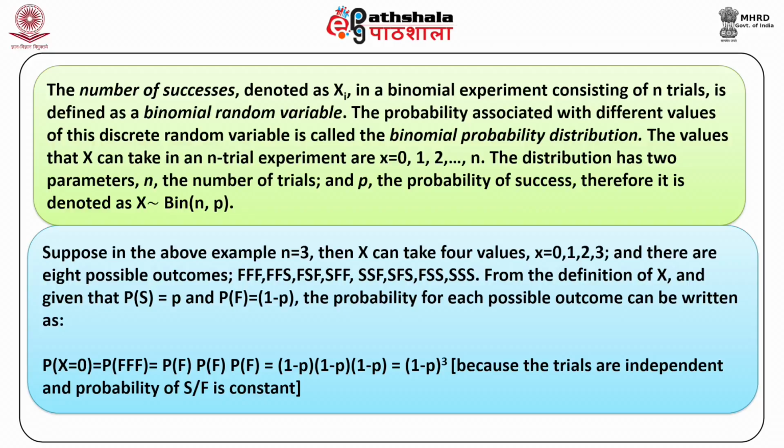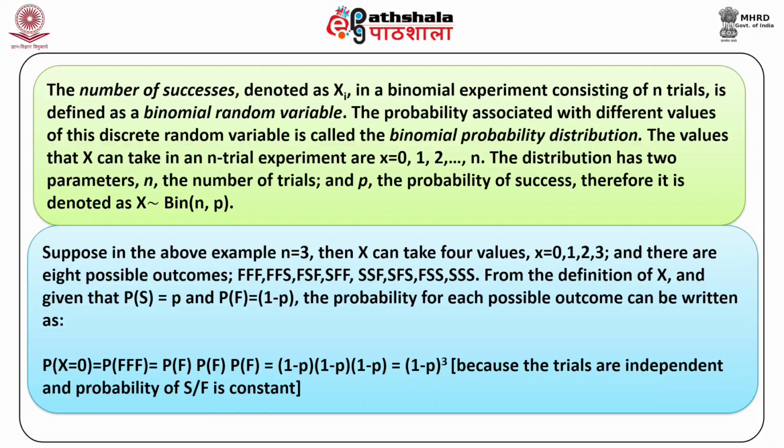The distribution has two parameters, n the number of trials and p the probability of success. Therefore, it is denoted as x distributed binomially with n and p as the binomial distribution's parameters. So n and p are the parameters, which means if n and p are known, we can find out the binomial distribution probabilities.